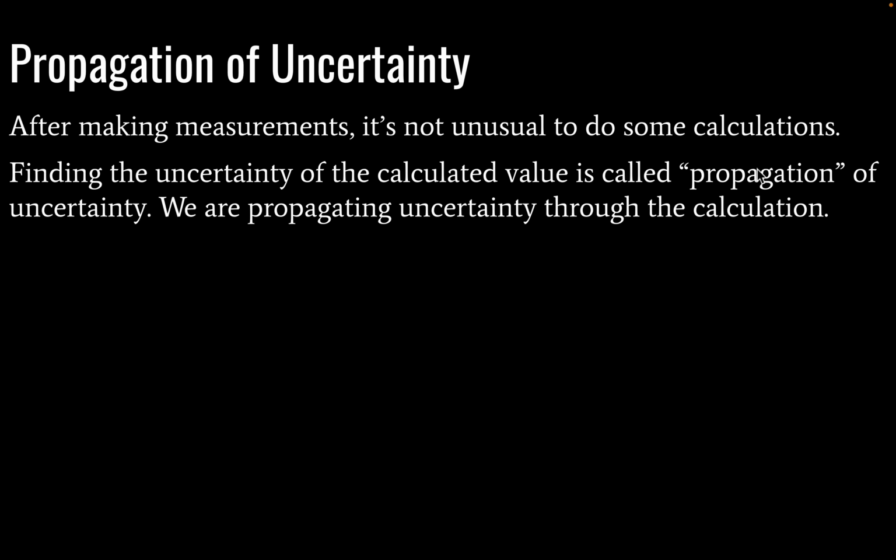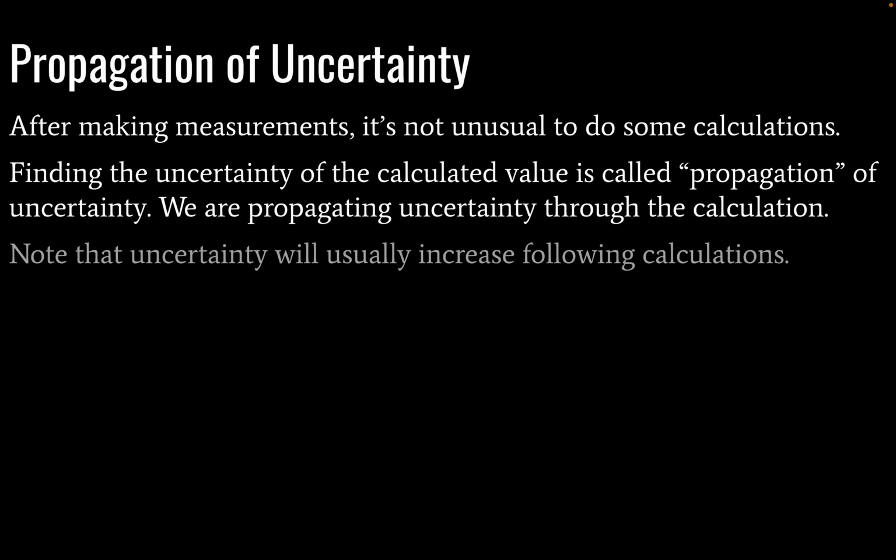And finding the uncertainty of that calculated value is called the propagation of uncertainty through our calculation. Okay, so typically uncertainty is going to increase following a calculation. If your uncertainty goes way down, you might be a little bit suspicious. That can happen in some rare cases, but usually it's going to increase.